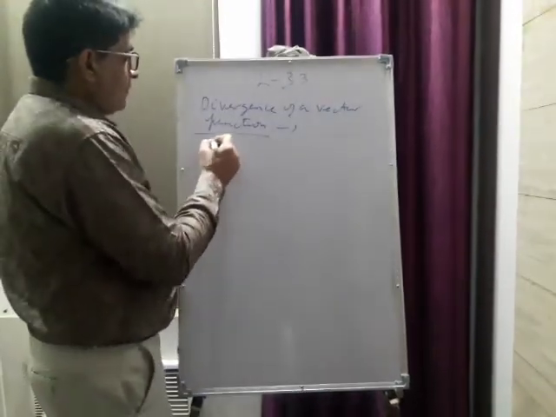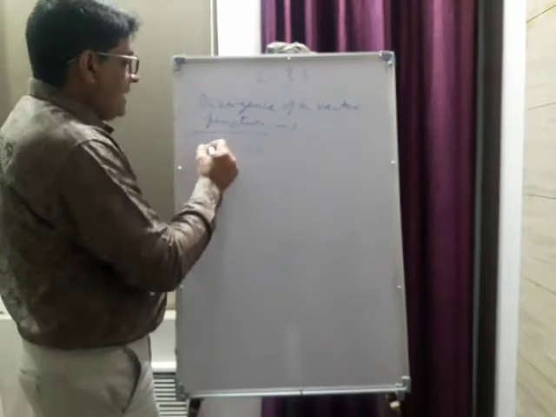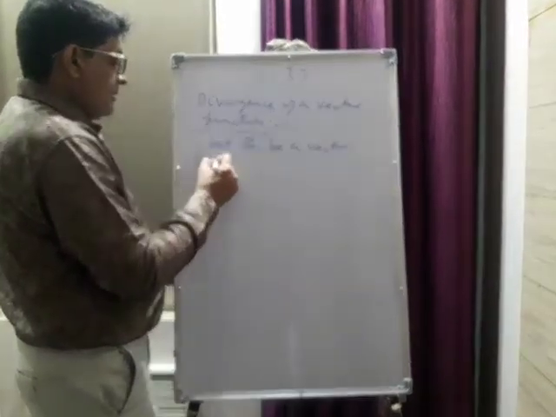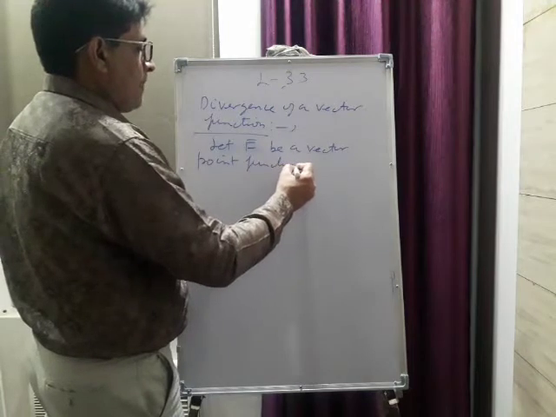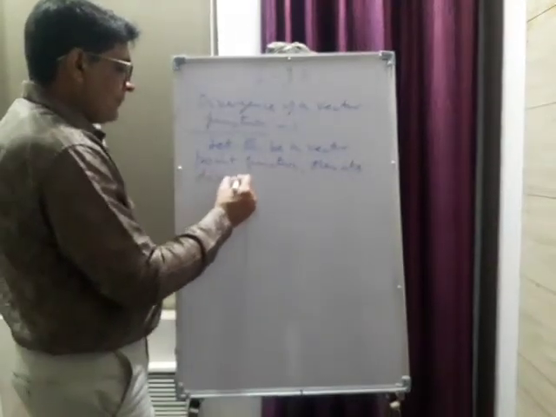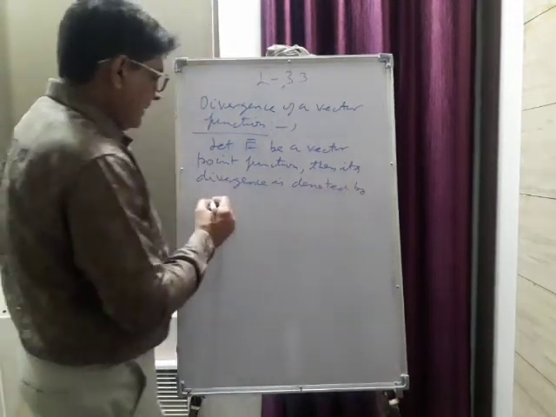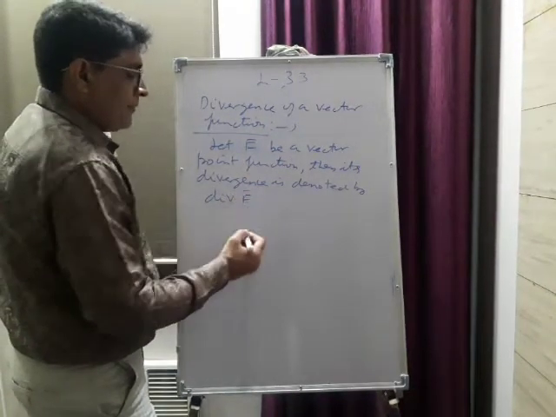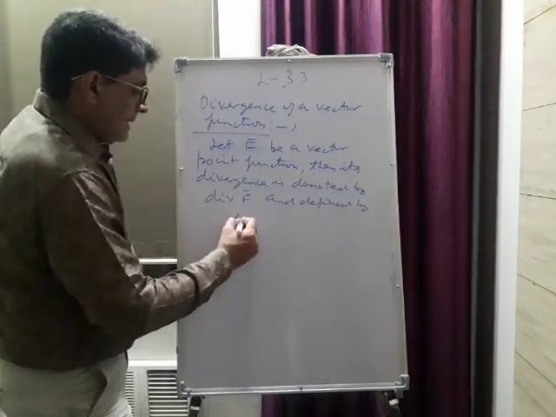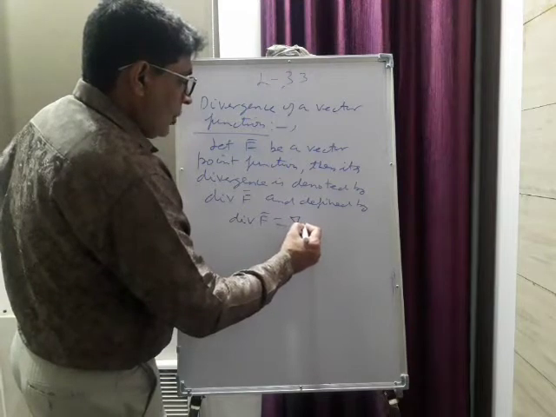So definition: let f be a vector point function, then its divergence is denoted by divergence f and defined by divergence f equal to del dot f.